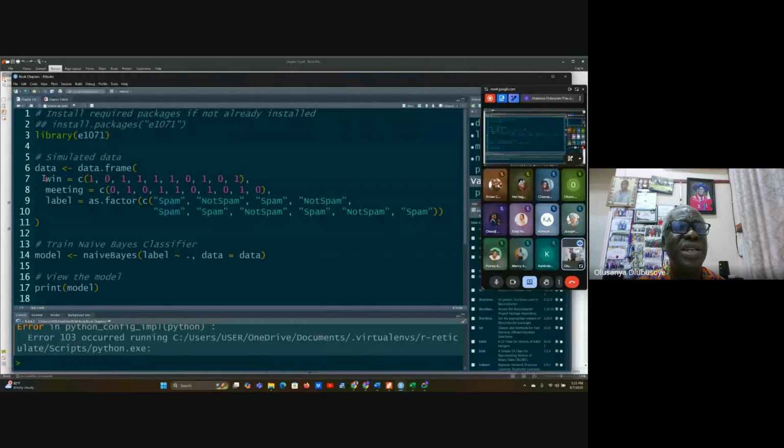Anywhere you see 1, it's yes; 0, no. For meeting, 0 means the word meeting does not appear in the message, and 1 implies that the word meeting appears in the message.